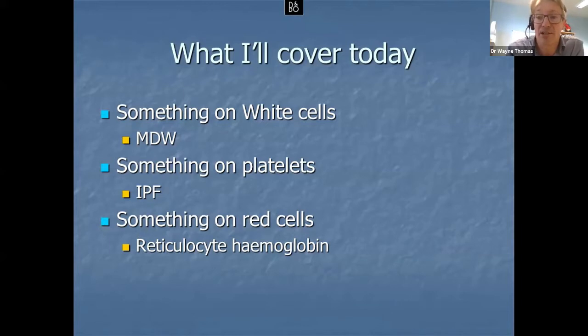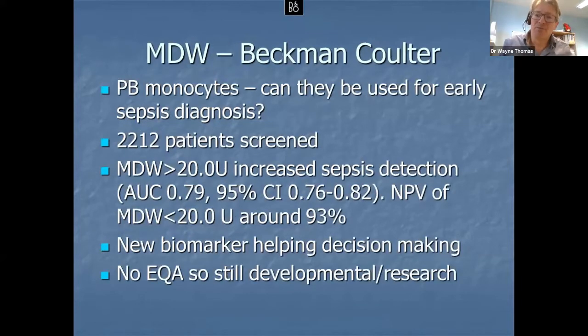So let's go straight on. Recently I heard about an analyte which is extrapolated from the monocytes. It's called the monocyte distribution width. If you've got one of the newer Beckman-Coulter machines, I don't, but if you do, then you know that you can get a distribution width related to the size of those monocytes.